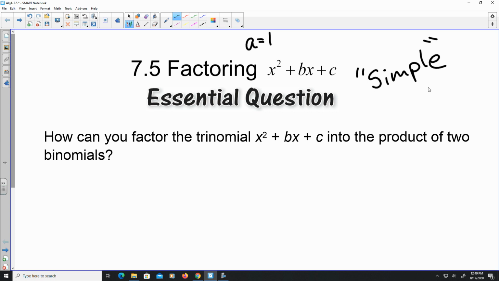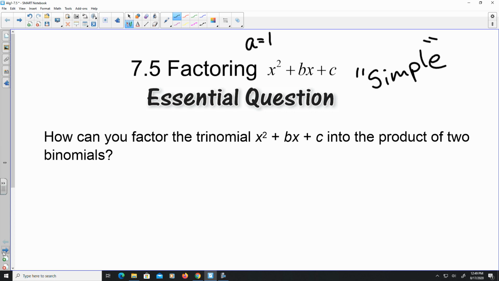If a is something else other than 1, it is considered to be a complex trinomial. So the essential question is, how can you factor trinomials into the product of two binomials?